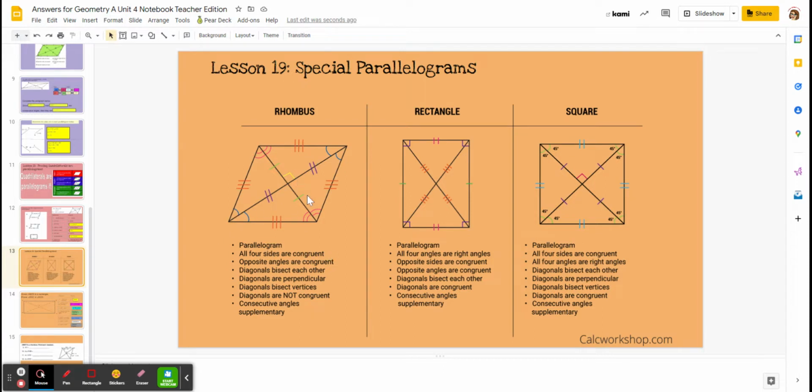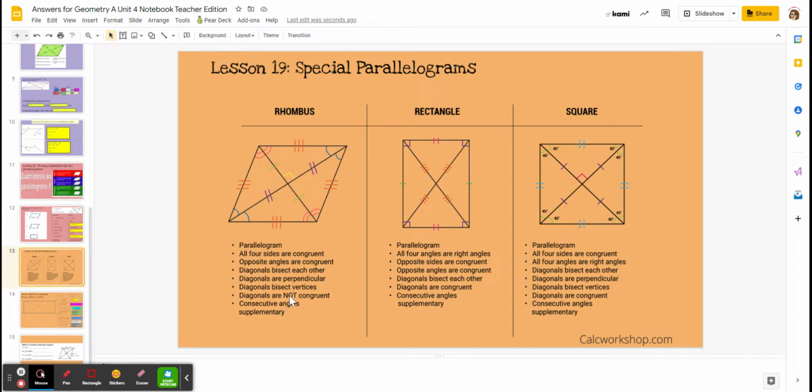Diagonals bisect each other, just like a parallelogram. Diagonals are perpendicular. So keep that in mind. That's a new one. Diagonals are perpendicular. See how they are perpendicular to each other. Diagonals bisect the vertices. So they bisect it, split it into two congruent angles.